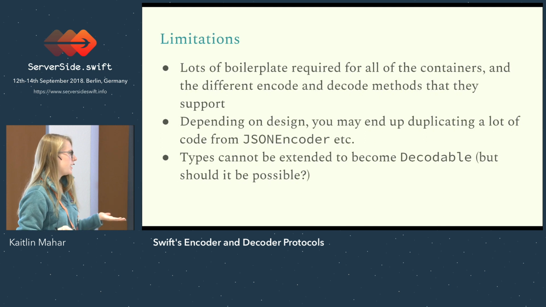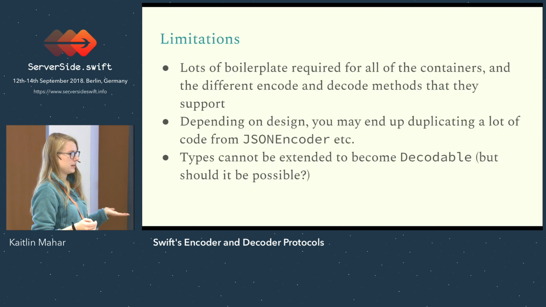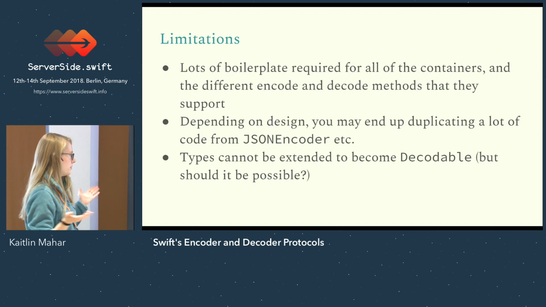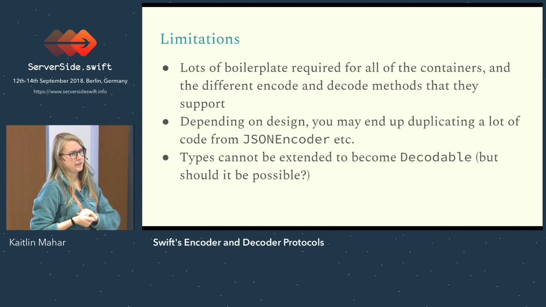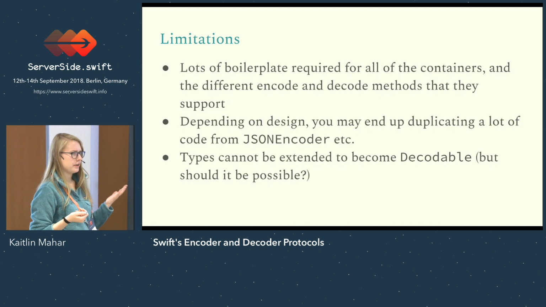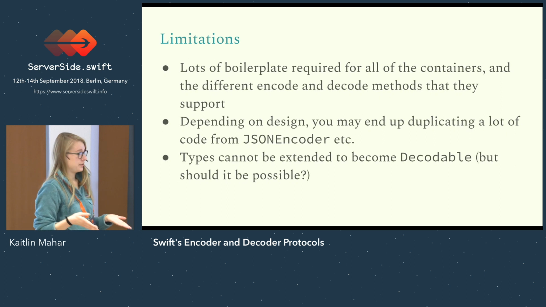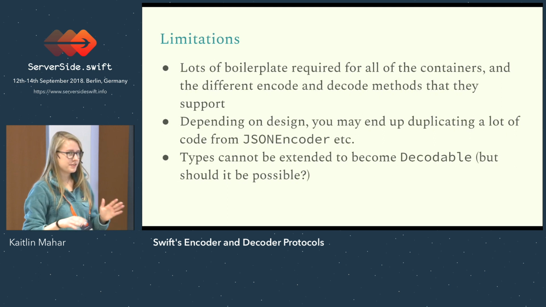Another thing, you can't extend types to become decodable, because it's a required initializer. That can be frustrating. For example, when I was writing the BSON decoder, we were using NSRegularExpression to represent BSON regular expressions. But NSRegularExpression is not decodable.